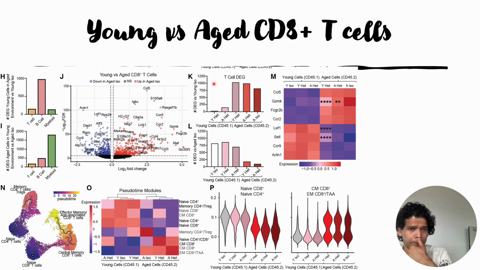Afterwards, they wanted to see which genes are upregulated and downregulated in the young conditions and in the aged conditions, and they found that Granzyme seems to be downregulated in the heterochronic conditions compared to the isochronic conditions in the aged cells, whereas the naive CD4 plus related genes, that is LEF1 and SELL, go up in the heterochronic conditions compared to the isochronic condition in the aged cells.